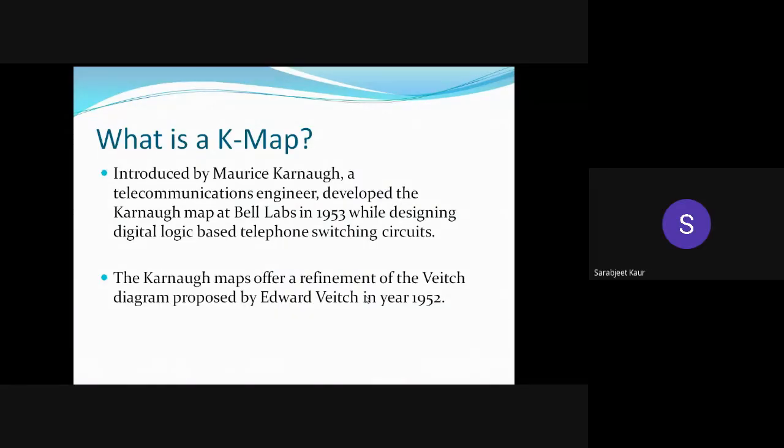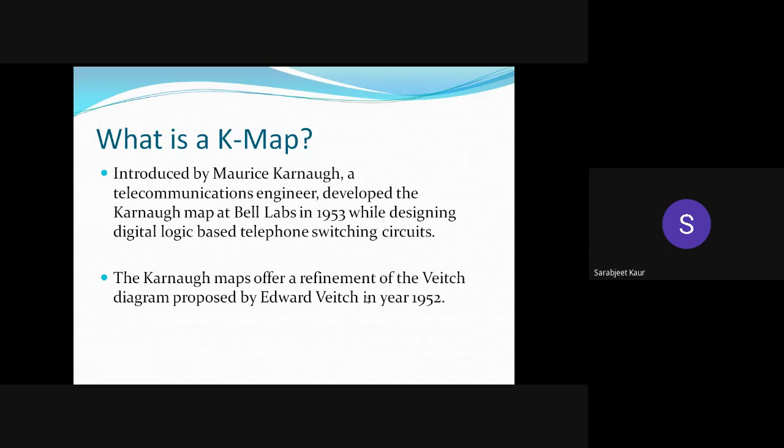Okay, now what is a K-map? So K-map is short for Carnot maps. The maps are named after Maurice Karnaugh. He was a telecommunications engineer and he developed this technique of drawing Carnot maps at Bell Labs in the US in 1953, while designing telephone switching circuits.